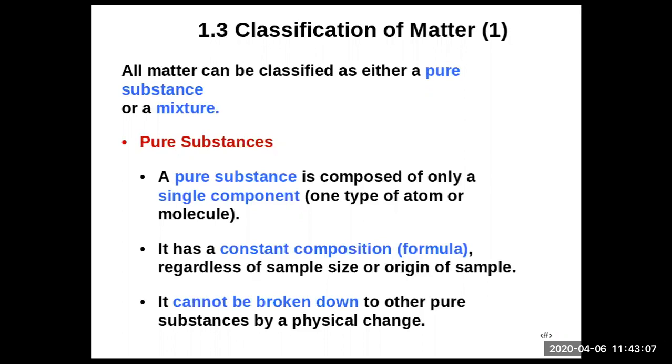And it doesn't matter the size of the sample or the origin of the sample, it's always the same formula. So water that you find here in your home has the same formula as water on the other side of the earth, okay?